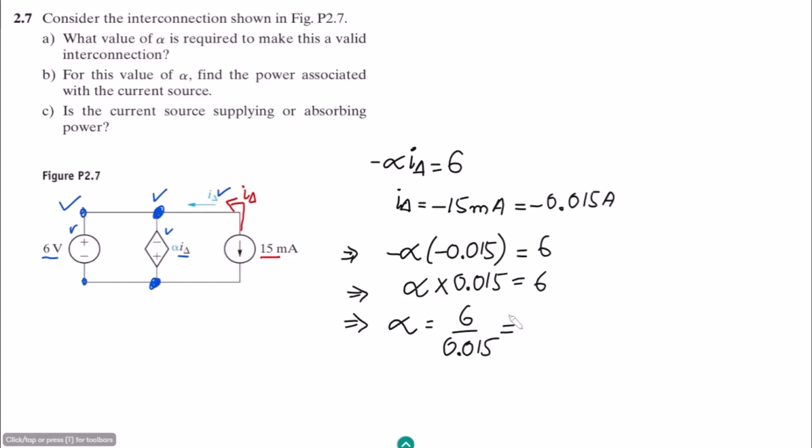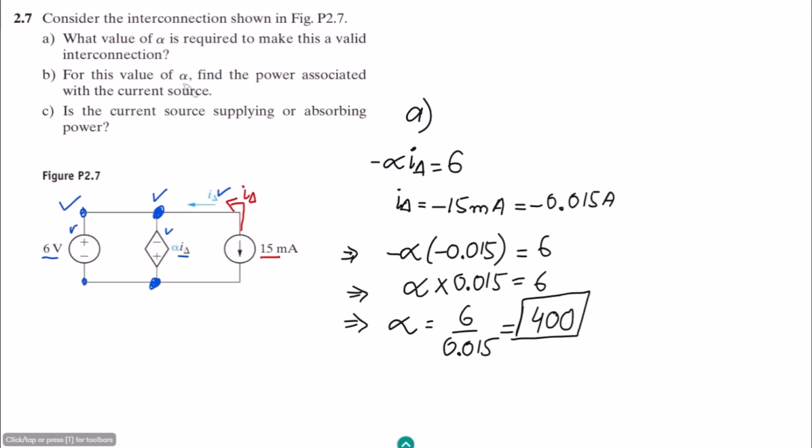Solving it, this will be 400. So the value of alpha to make this circuit a valid one should be kept at 400, otherwise this will be an invalid circuit. So this is the solution of part A.